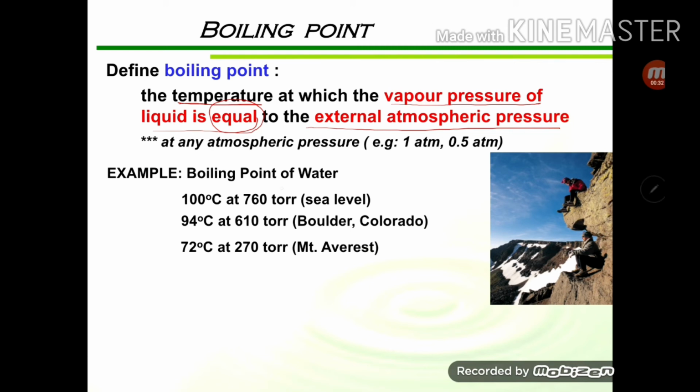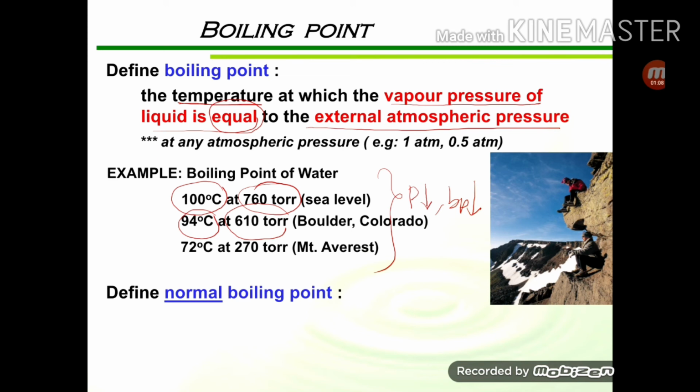At pressure equal to 760 torr, boiling point of water is equal to 100 degrees Celsius, but at pressure equal to 610 torr, the boiling point of water is equal to 94 degrees Celsius. So from this information, we can say that when the external atmospheric pressure decreases, the boiling point of water also decreases.